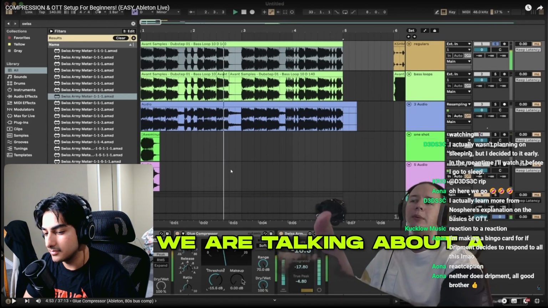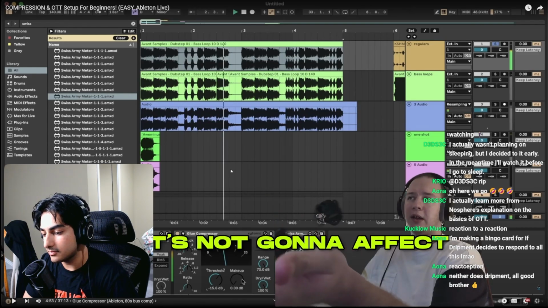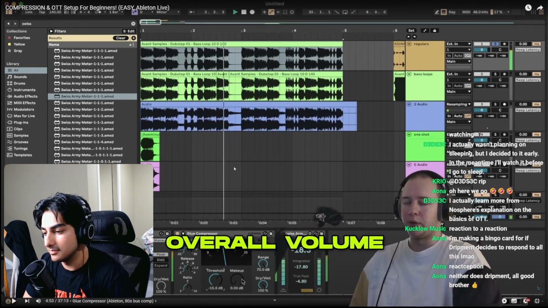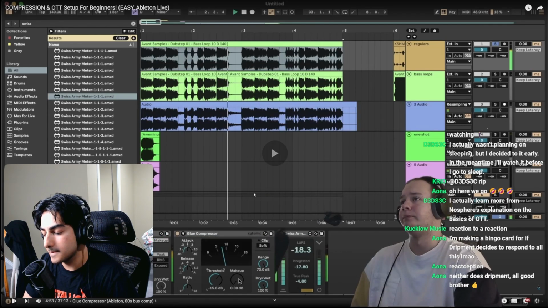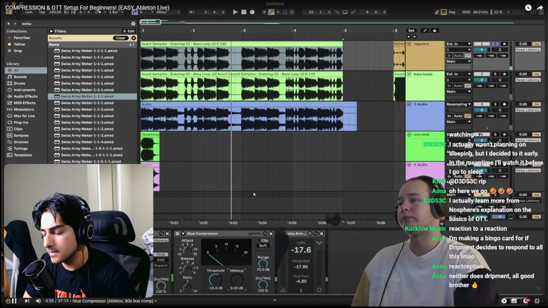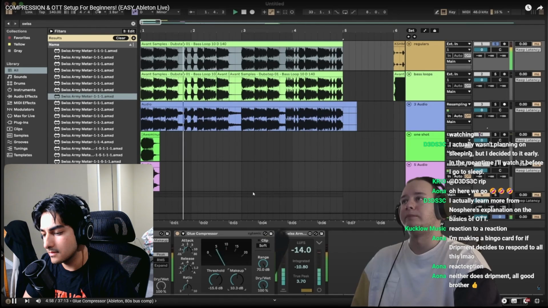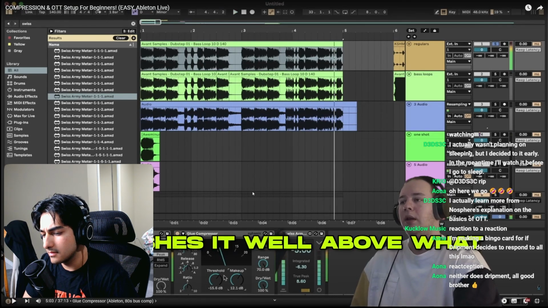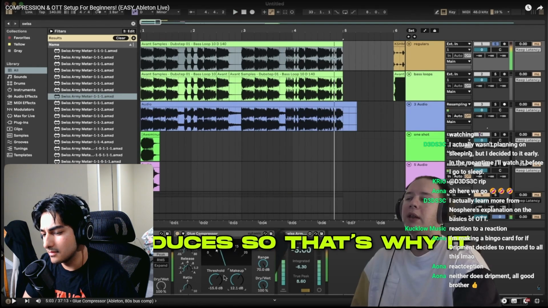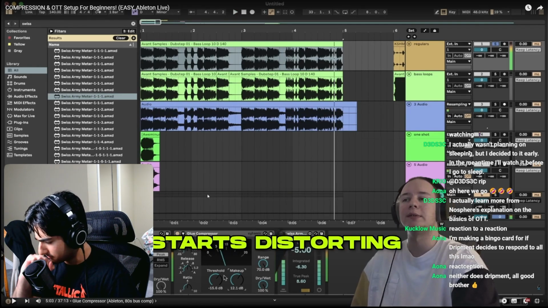We are talking about a single band compressor, so it's not going to affect anything apart from the overall volume. If he puts it back up with the makeup gain, it's going to sound the same. He pushes it well above what he reduces, so that's why it starts distorting.